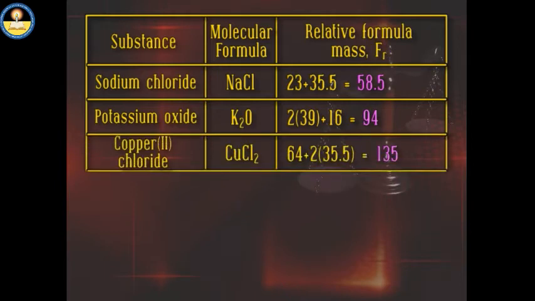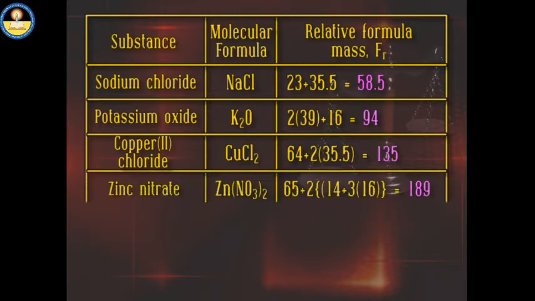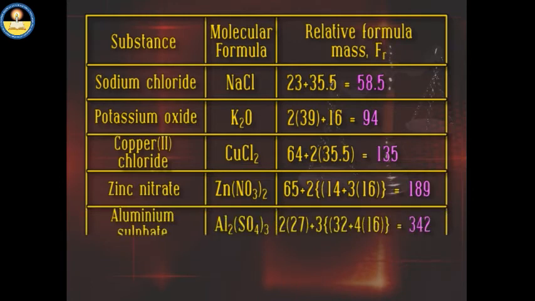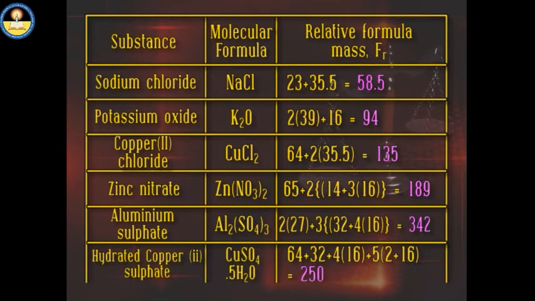Copper chloride has a relative formula mass of 135. Zinc nitrate, 189. Aluminium sulfate, 342. Hydrated copper sulfate, 250.